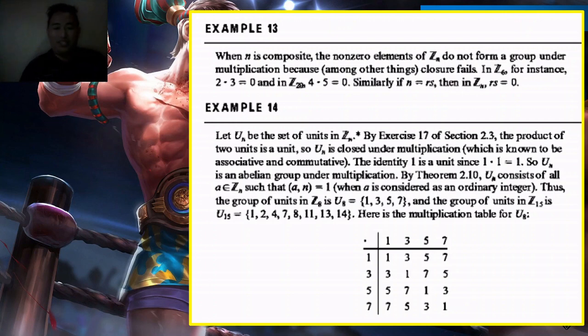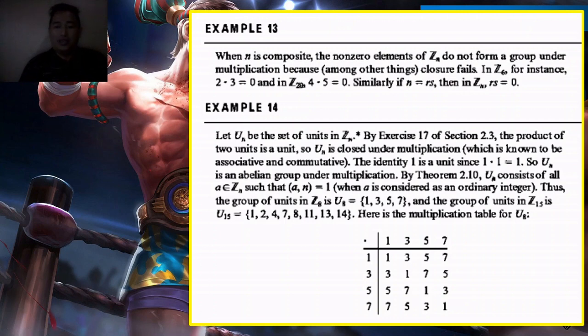Okay, example number 14. So, let Un be the set of units in Zn. So, katong mga units sa Zn, makuha nato ang mga elements sa Un. Okay. So, the product of two units is a unit. Di ba?